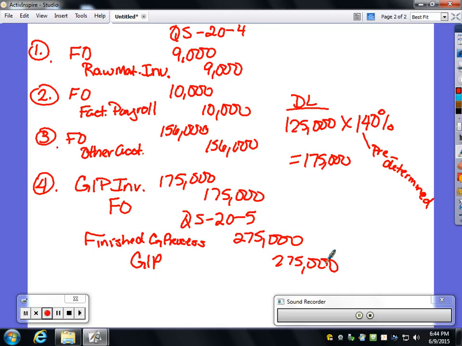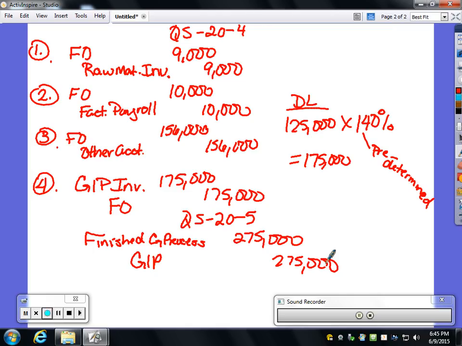Okay, Quick Study 20-6, which is the one you guys didn't get to, but we'll go through it. The following refers to units processed in Sunflower's printing and binding department in March. Compute the total equivalent units of production with respect to labor for March using the weighted average inventory method.